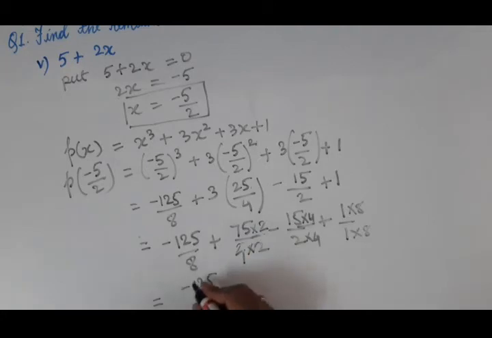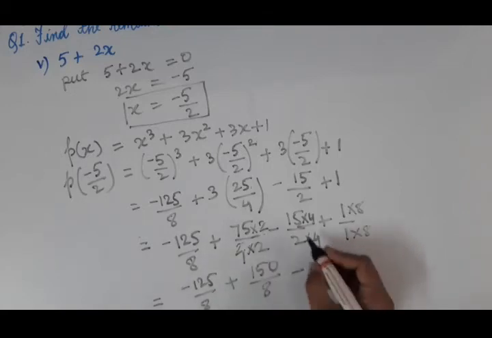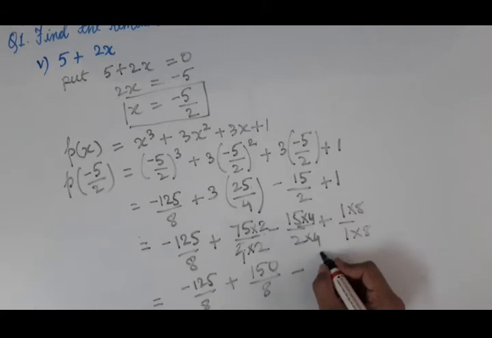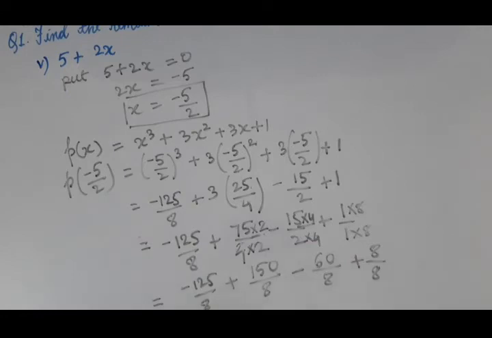Okay, so minus 125 upon 8 plus 75 into 2, 150 upon 4 into 2 is 8, then minus 15 into 4, 60 upon 8 and plus 8 upon 8. Now you got all the denominators are 8. You can write it once and the terms will be in the numerator, add them.